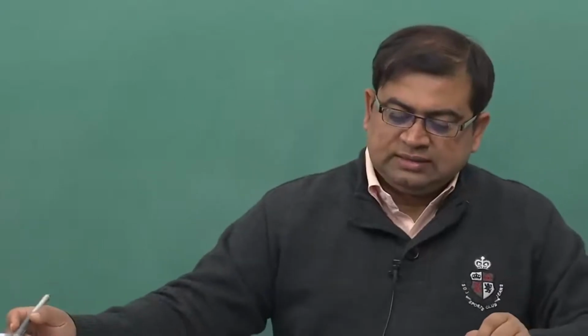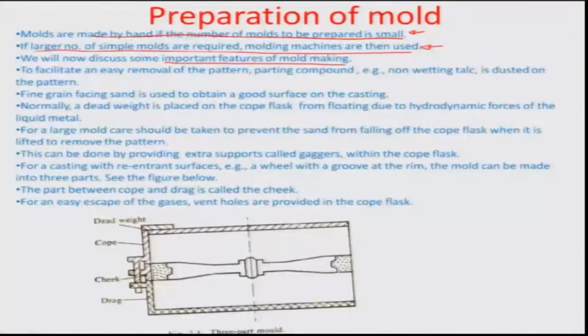So, we want to discuss some of the important features of the mold making process which are normally used to make the system handle metals in the liquid state better. One of them is the use of a parting compound, which is also known as the mold release agent.